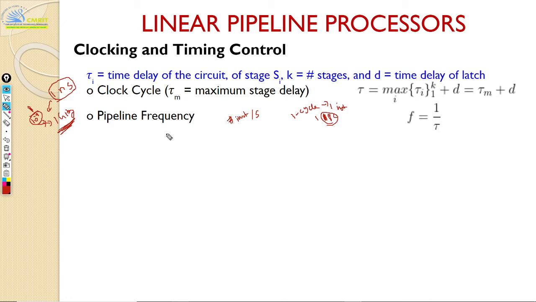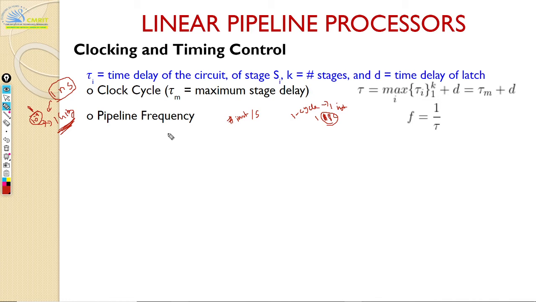In other words, if you take your laptop and you say my laptop is 2 gigahertz, it means that 2 into 10 to the power of 9 instructions are going to get completed in 1 second. Okay, you understood? If you say my laptop is 2 gigahertz, this is theoretical.